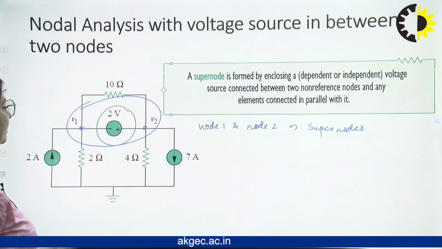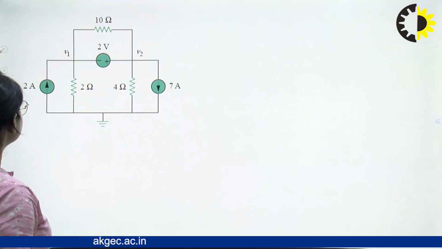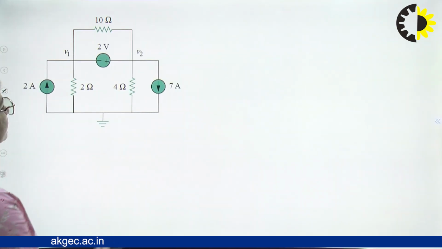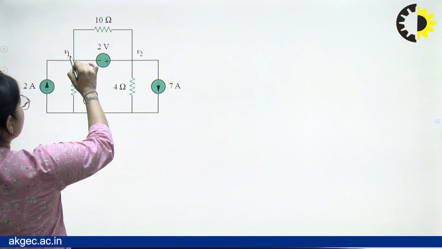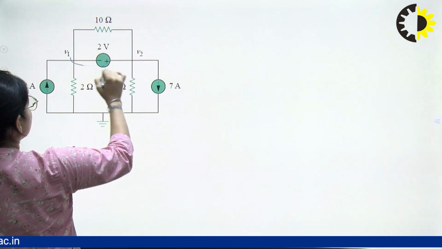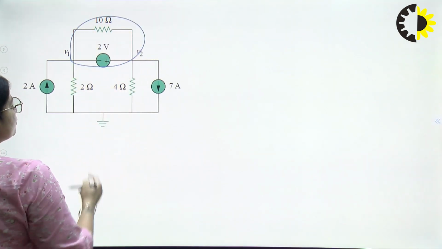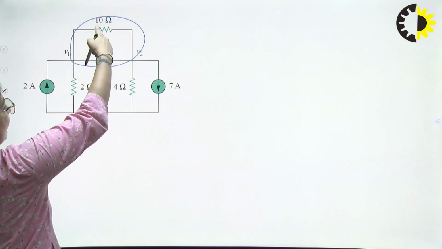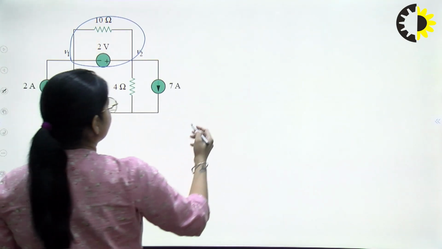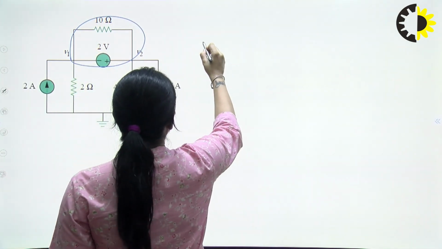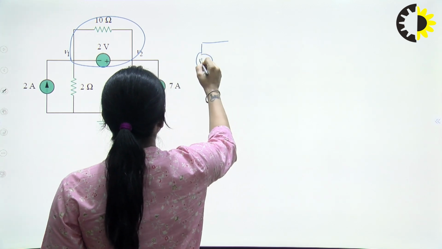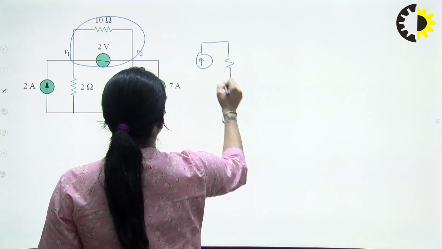Node 1 and node 2 will be considered as one node. Let's solve the circuit. Okay, this is a circuit in which this is a super node. So we need to remove the elements which are connecting between node 1 and 2. So now the new circuit will look like this.